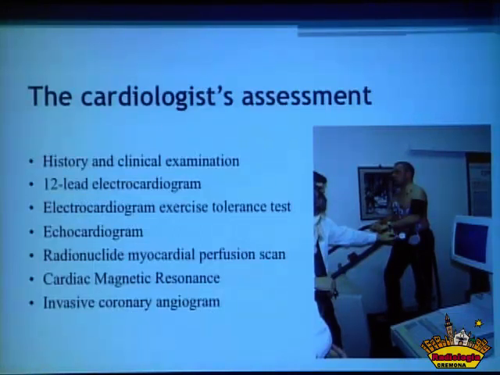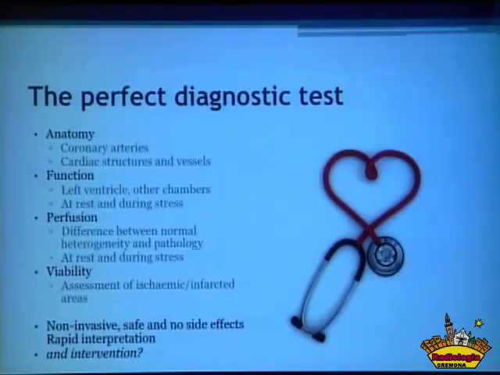Any patient going through this list of investigations is probably going to be more confused and worried than anything else. So the perfect diagnostic test for cardiovascular disease would combine all of these things. Information on anatomy, looking at the coronary arteries, the cardiac structure and the vessels. Information on function, the left ventricle and other chambers, at rest and during stress.